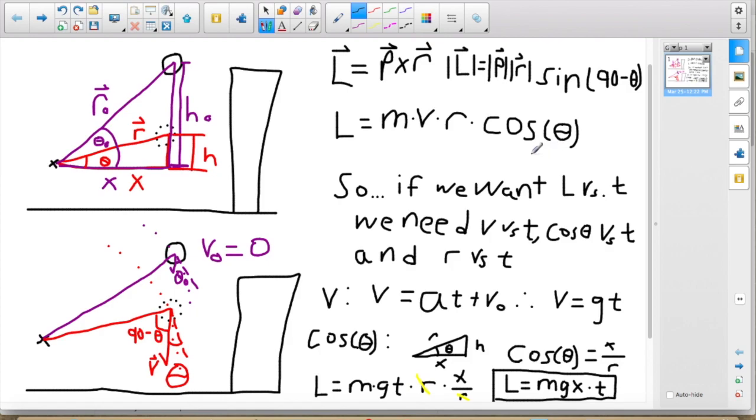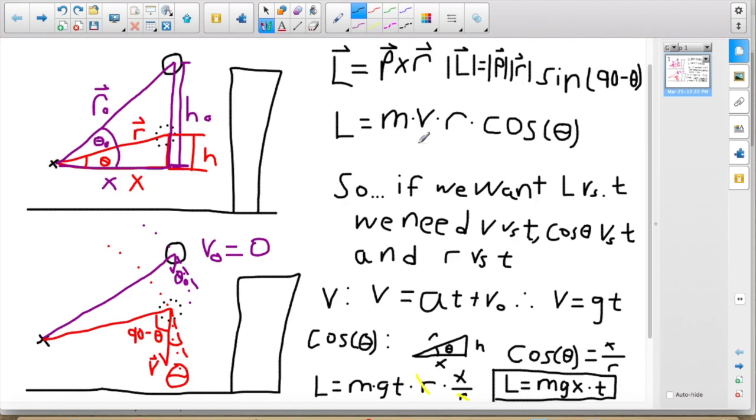All right, so we've got an equation for the magnitude of angular momentum. The magnitude of angular momentum equals the mass of the ball times the speed of the ball times the distance from point P times the cosine of that angle theta.